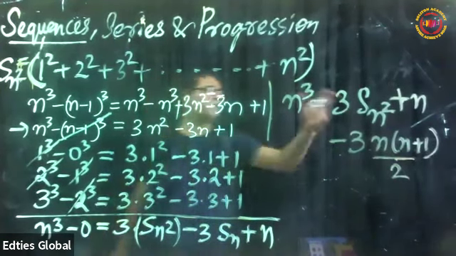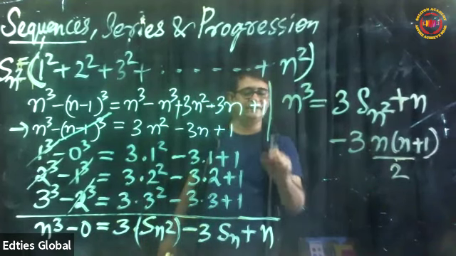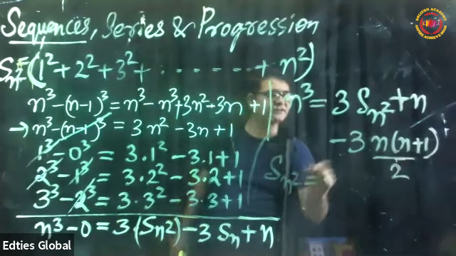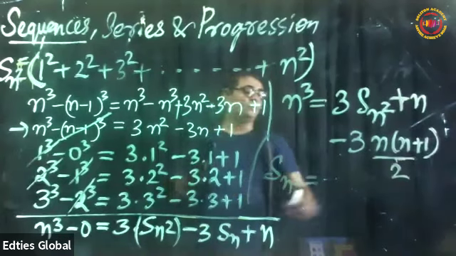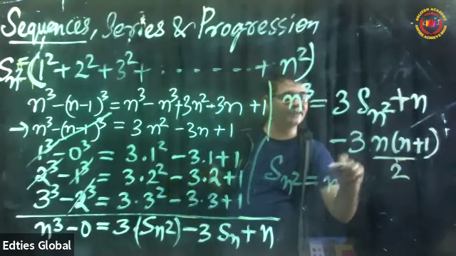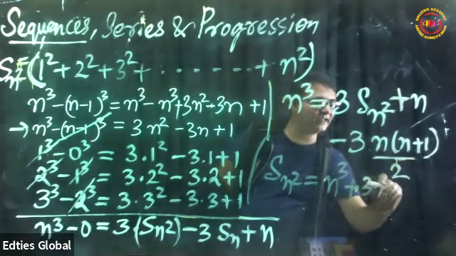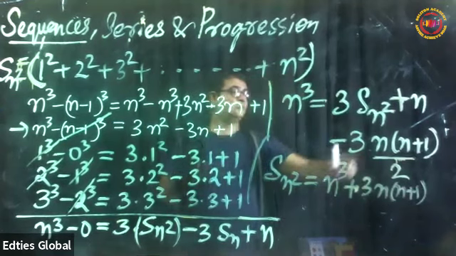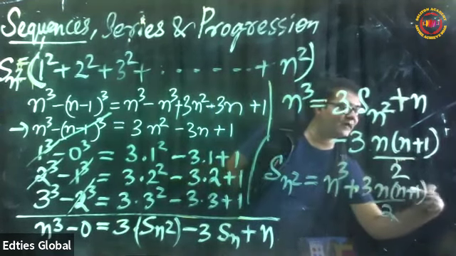So we have an equation. Let's solve this. Our Sn square that we were interested in, how do we find it? That will be n cube plus 3n into n plus 1 by 2 minus n.